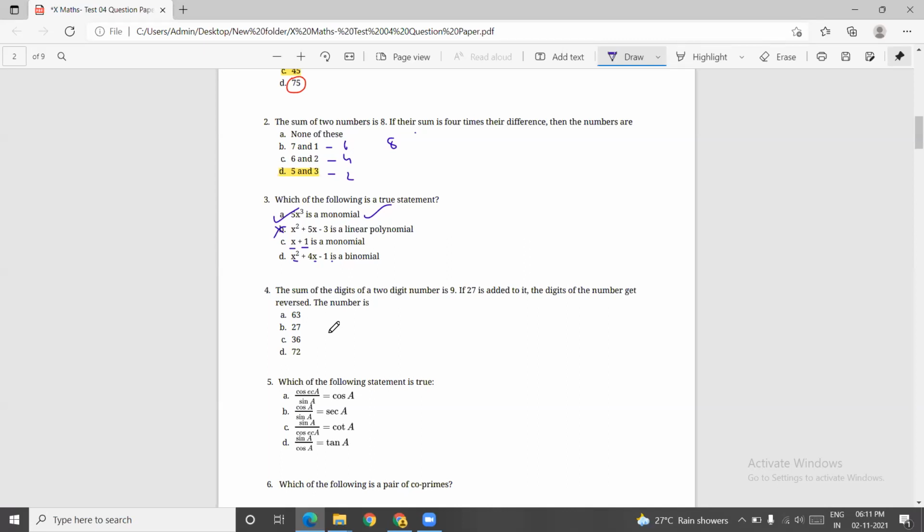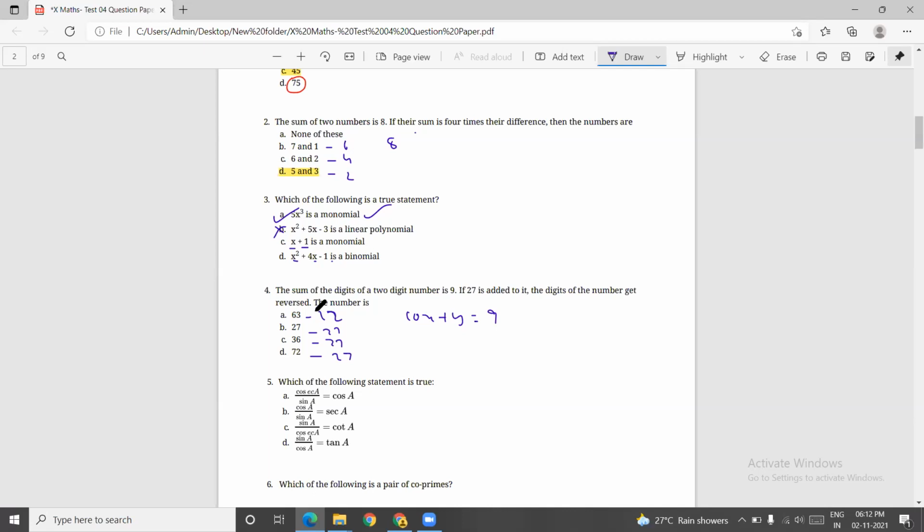You can do it in the general method where 10x plus y is equal to 9, and if I'm adding 27 to this, the digits are reversed, and you can solve. Or you can go for the elimination method. Subtract 27 from everything, and you will get some number. That number's sum should be 9. What is the option you are getting?